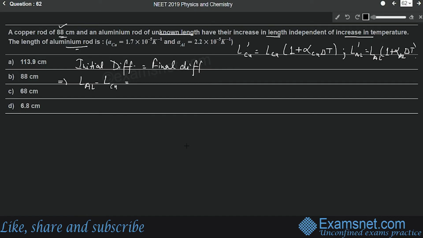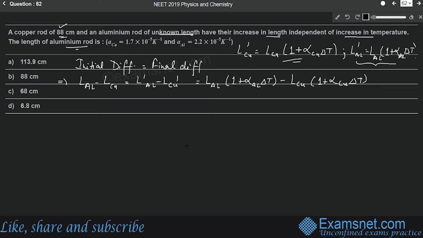And what is the final difference? L dash of aluminium minus L dash of copper. So what is L dash of aluminium? From here we can see it is equal to initial length of aluminium rod, 1 plus alpha aluminium delta T, minus L dash of copper, that means this one, so L of copper, 1 plus alpha copper delta T.